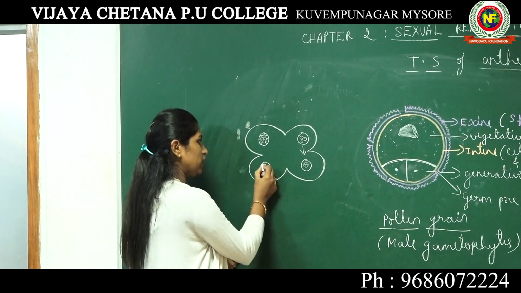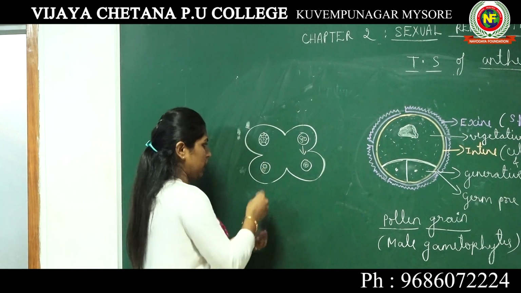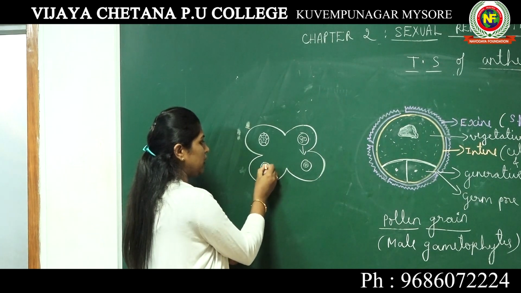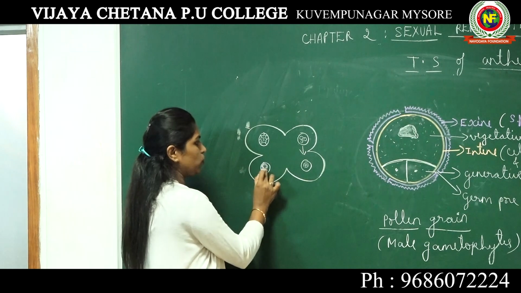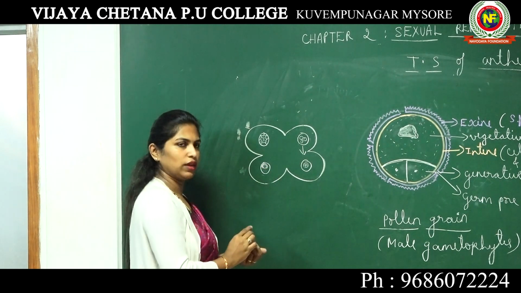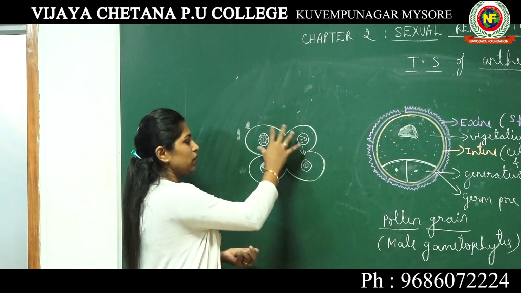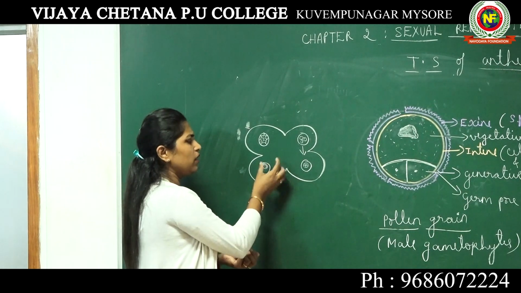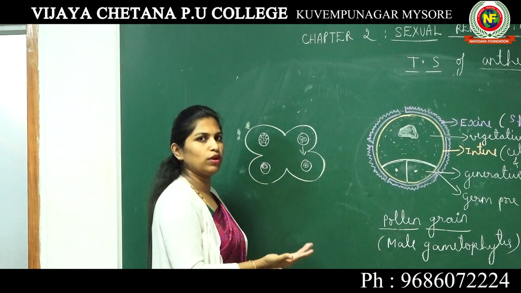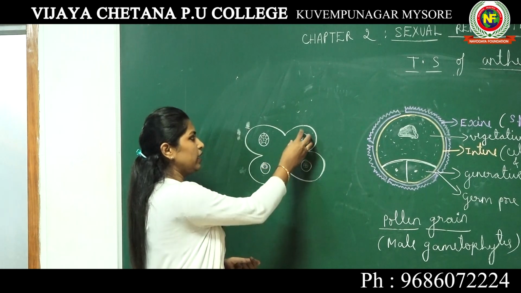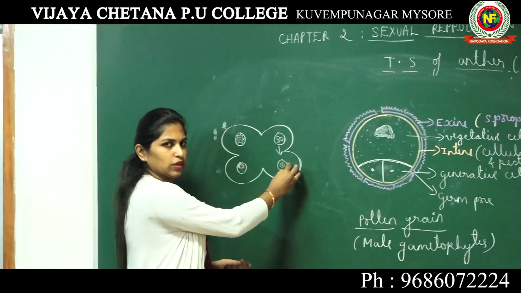Here they develop two wall layers surrounding them. One is intine, another is exine, and they develop into a matured pollen grain. Thousands and thousands of pollen grains will be produced inside each microsporangium.